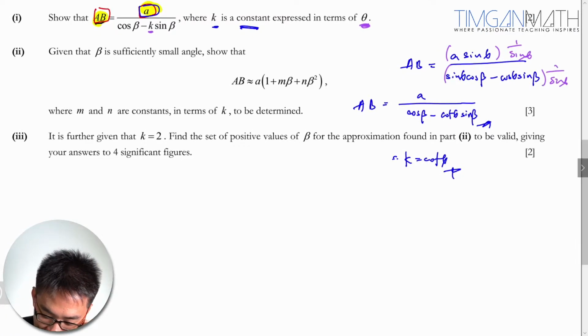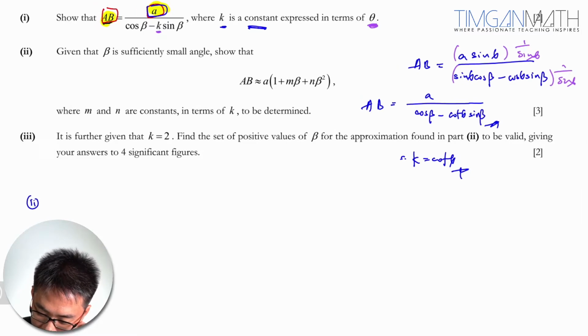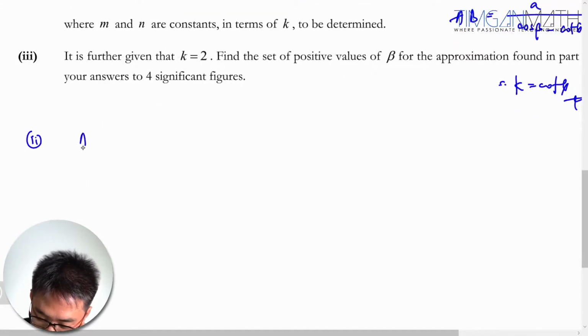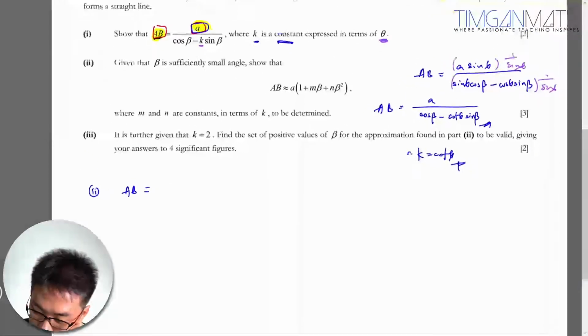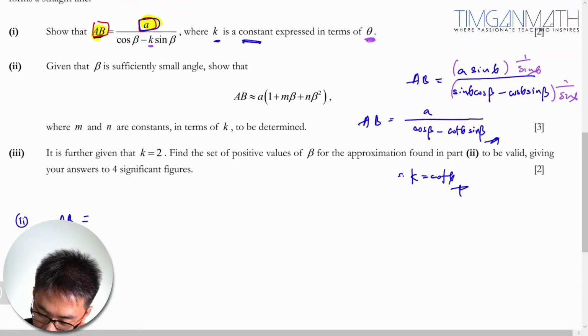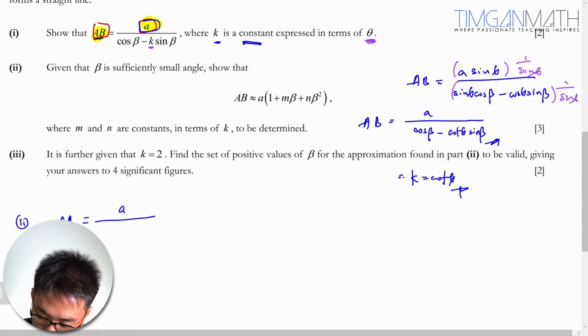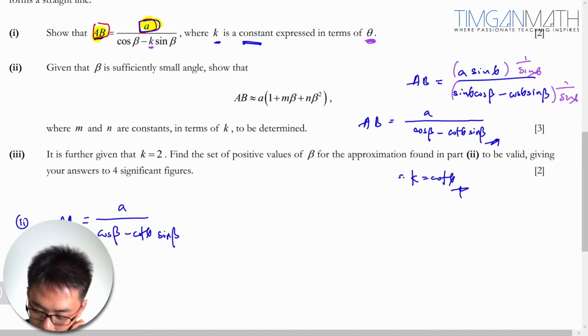Okay, so part 2. So we have AB equals to A over cosine beta minus cot theta sine beta.